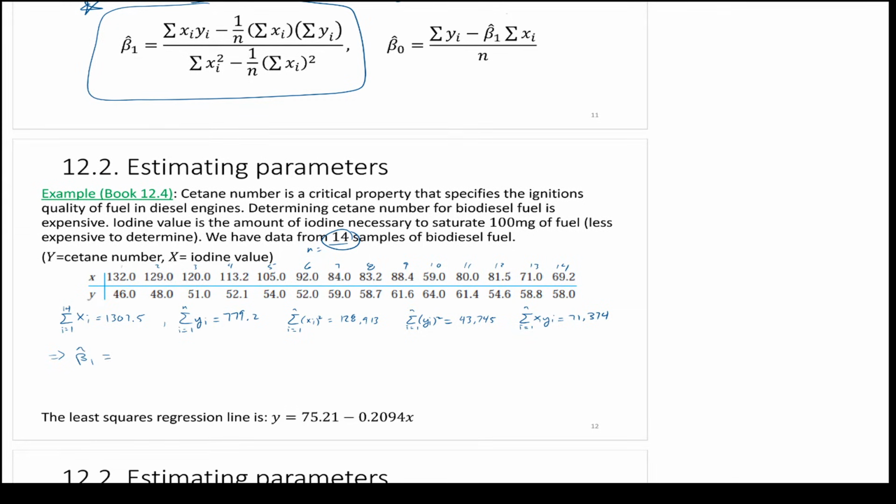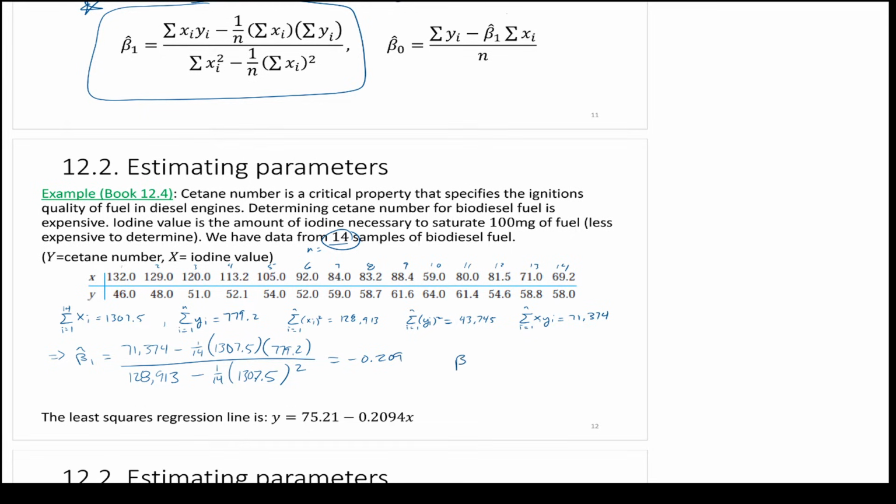It's going to be 71,374 minus 1 over 14 times 1307.5 times 779.2, all over the sum of xi squared, which is 128,913 minus 1 over 14 times 1307.5 squared. And I get that value is negative 0.209.